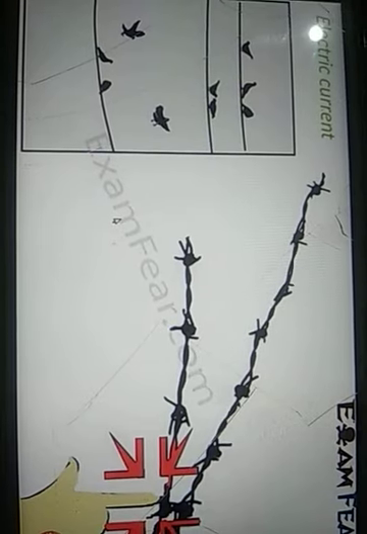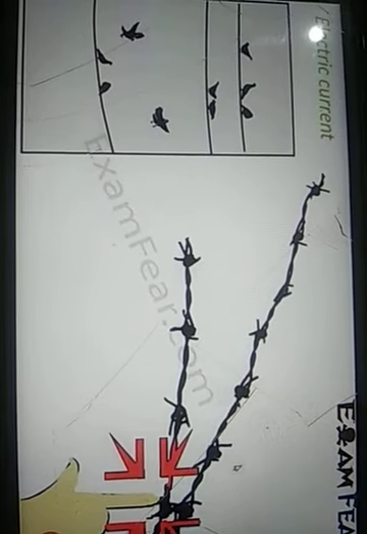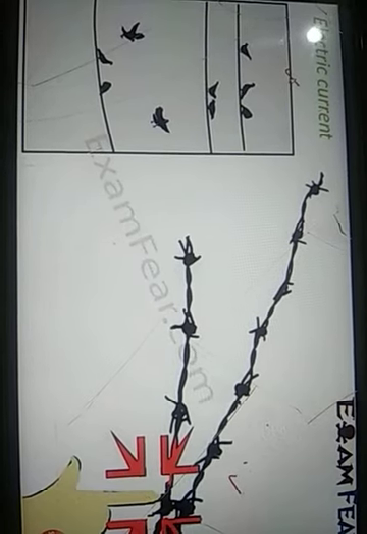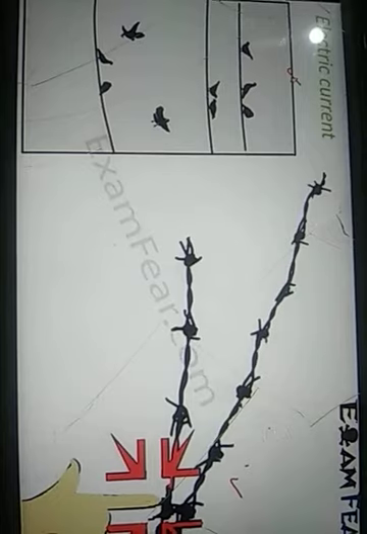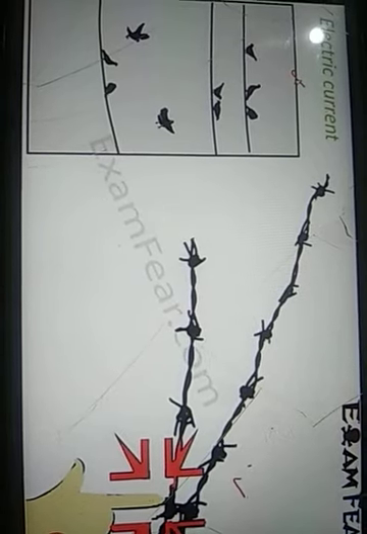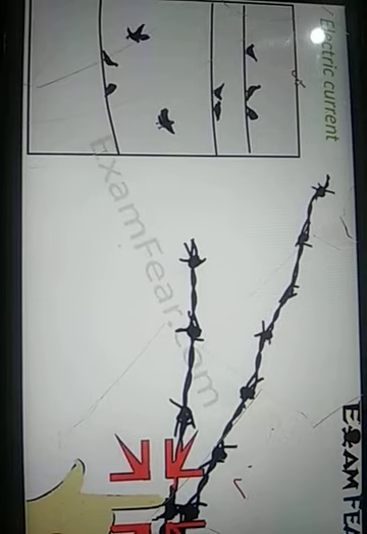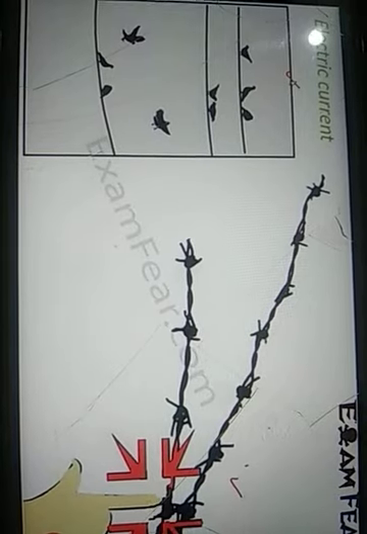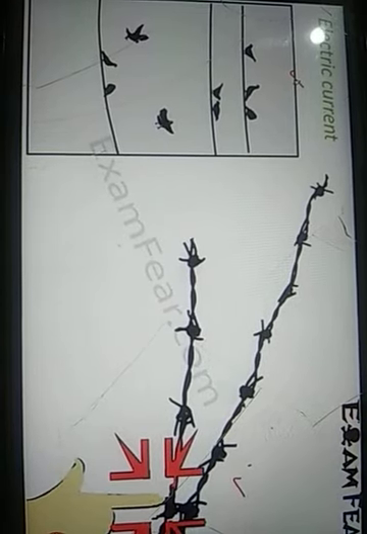Now whether we talk about touching the naked wire or these birds sitting on the wire carrying current, they are dangerous because they can give electric shock, and this electric shock is due to the electric current which is flowing through the wire. The electric shock can be very dangerous and can even kill an organism.